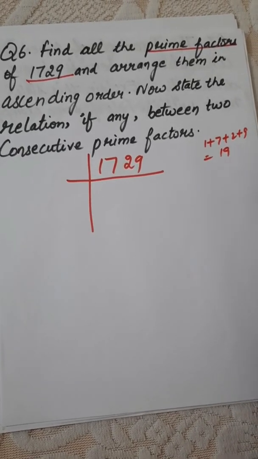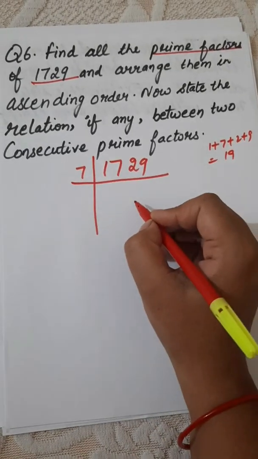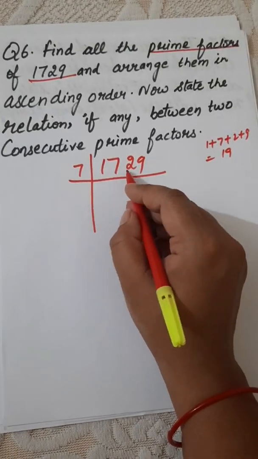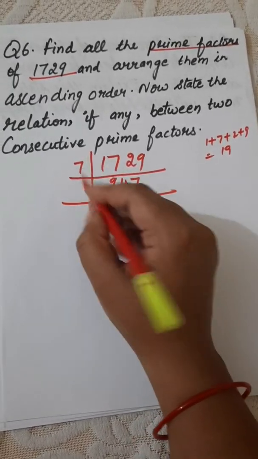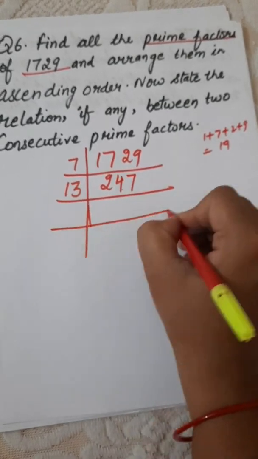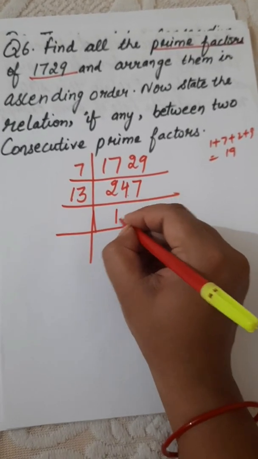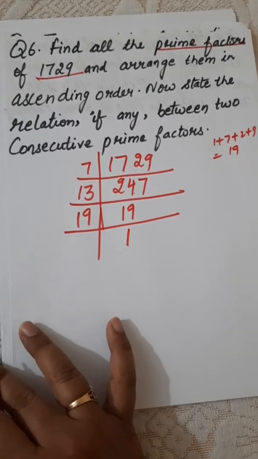So it is not divisible by 3. Similarly, when you check further, you will find it is divisible by 7. When 1729 is divided by 7, you will get 247. Then after 7, this number is divisible by 13. And after dividing, I will get 19. Here 19 is a prime number.